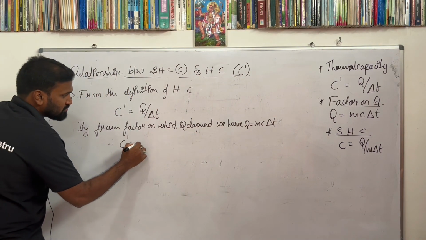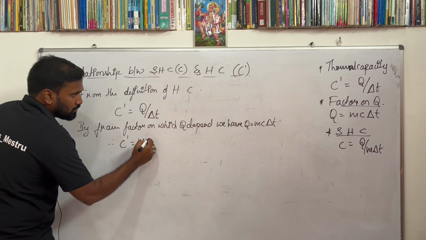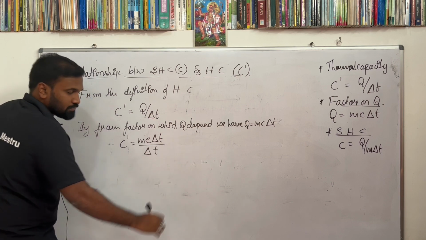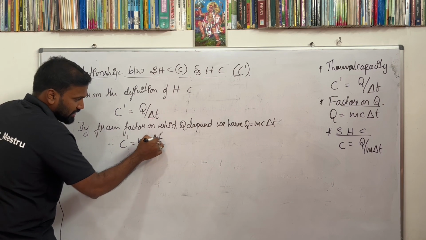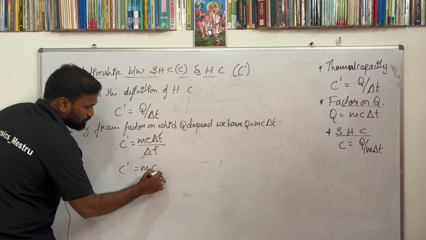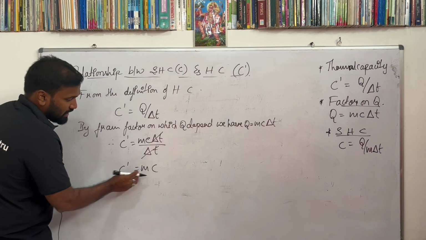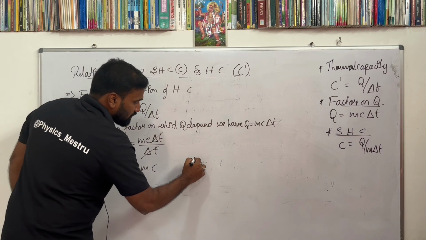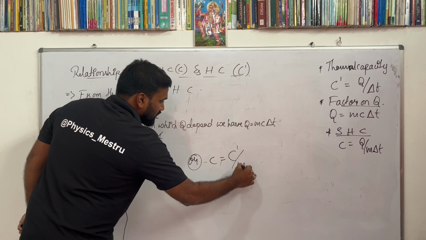Therefore, C dash will become, in the place of Q, MC delta T divided by delta T. Delta T and delta T will get cancelled, so C dash is equal to M into small c. This is the relationship between the specific heat capacity and the thermal capacity or heat capacity, or small c is equal to capital C dash divided by M.